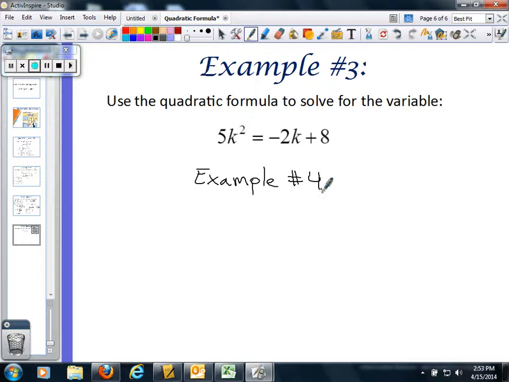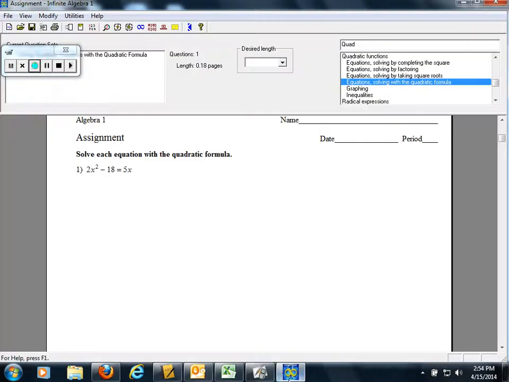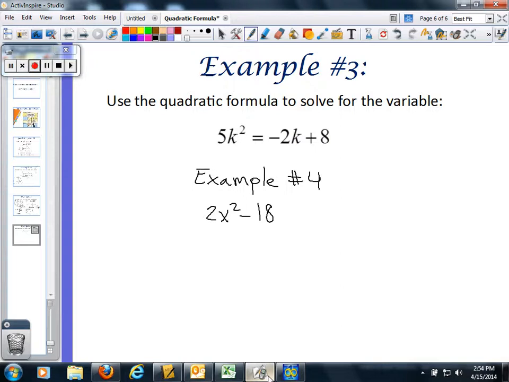So example number 4, the problem will be 2x squared minus 18 equals 5x.